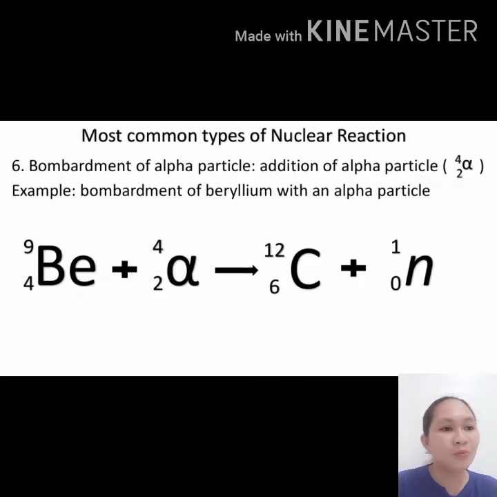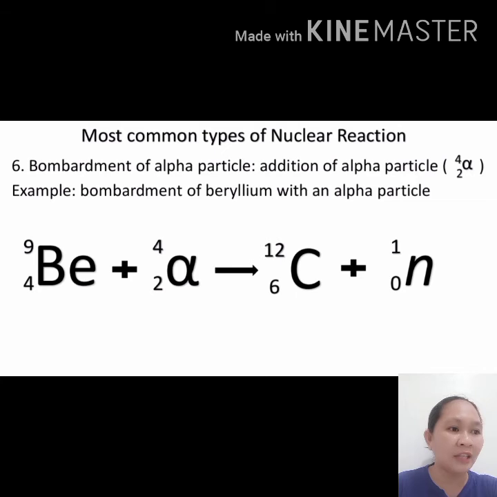So, next is bombardment of alpha particles, or addition of alpha particle. We have here an example, bombardment of beryllium with alpha particle. Pag sinabi natin bombardment, bombing of beryllium with alpha particle. So, we have here an element beryllium. Ang ating beryllium ay meron siyang atomic number na 4 at atomic mass na 9.